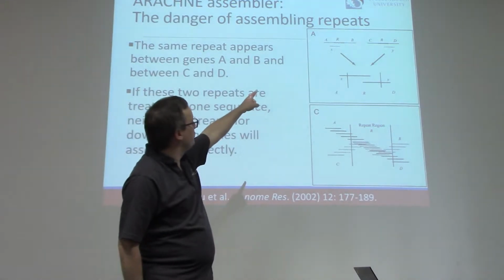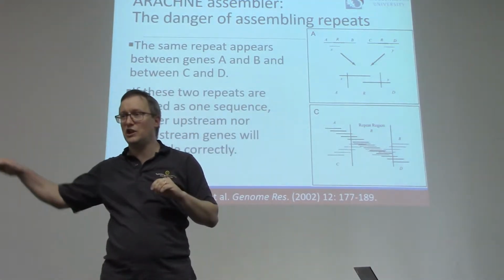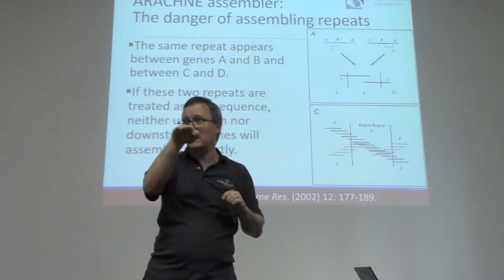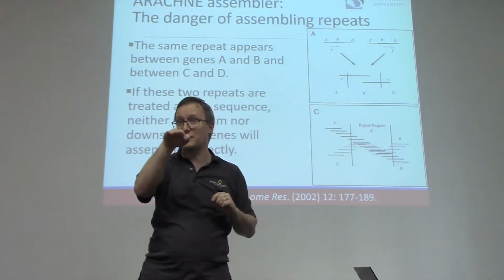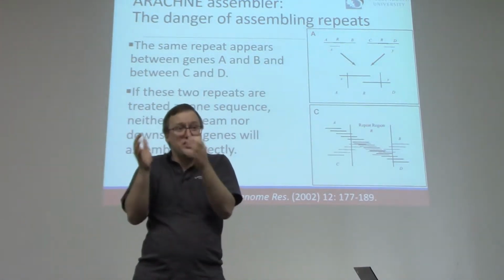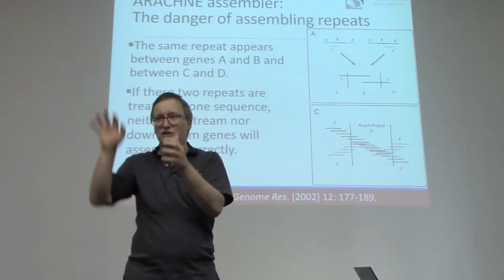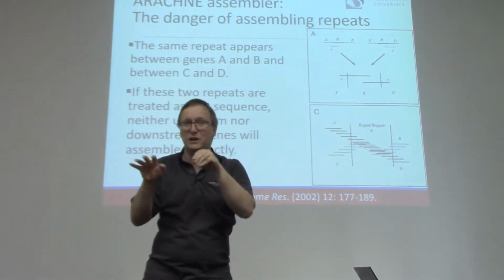So we see that the read for X starts in gene A and runs into the ALU sequence. Everyone spots that. So from the perspective of just the read, we see a little bit of gene A and we see a little bit of this repeat.